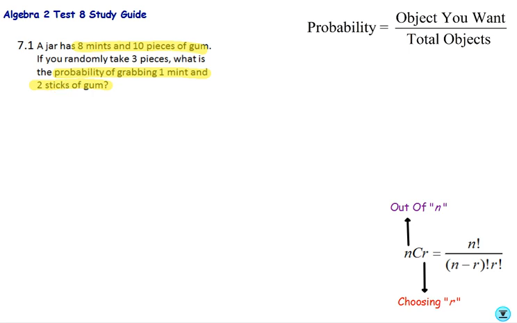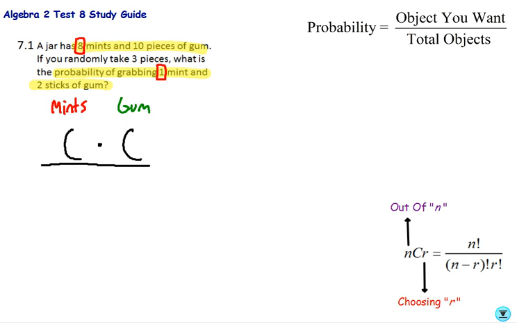So what I want to do is say, okay, you've got 2 different things going on. We've got mints, and then we've got gum. And let's label this. So we'll say mints, and then we'll say gum. Alright, so for our mints, we've got 8 mints, and we want to know the probability of grabbing 1.